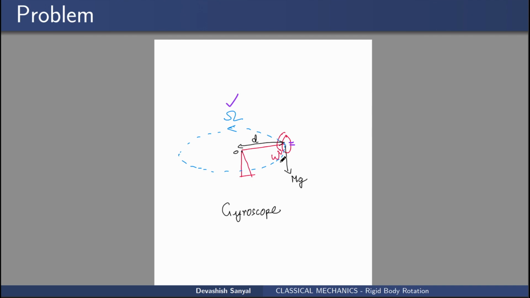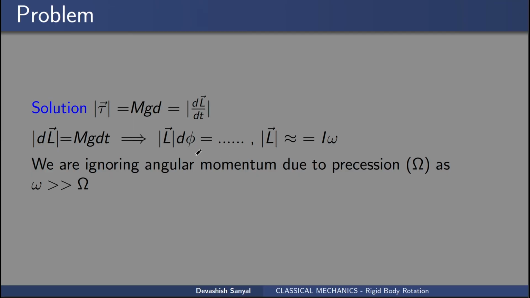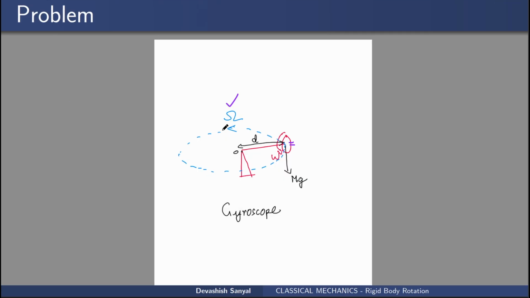This happens because there is a torque acting on the system, and that is causing all this motion. The magnitude of the torque is mgd, and the direction of the torque is r cross F. The force is the weight mg, and r is in this direction.